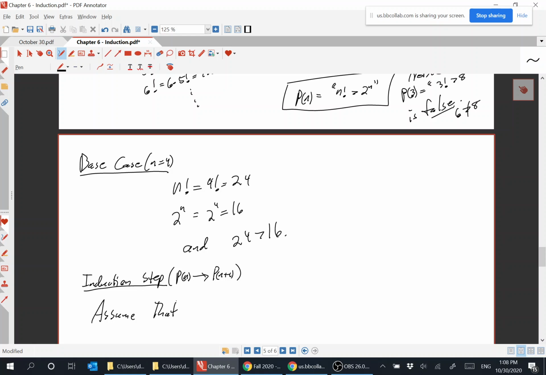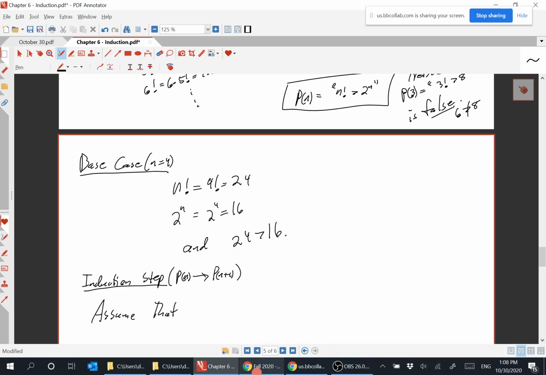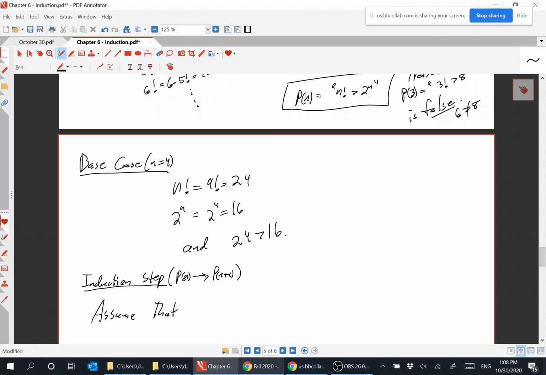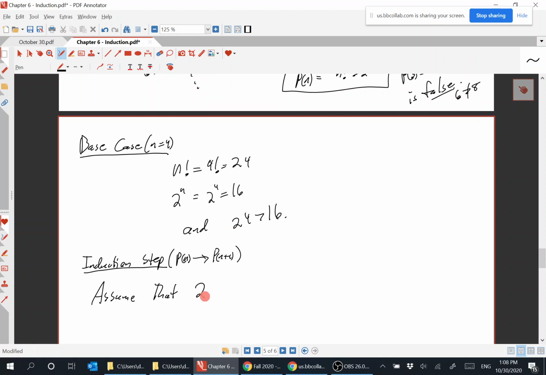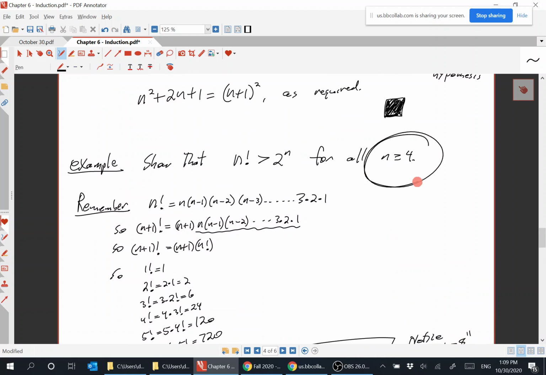We don't write Pn, predicate. We write what Pn means. Not for all, it's specific for some. So assume that n factorial is bigger than 2 to the n for some n in your domain. What's the domain? Again, n's bigger than or equal to 4.